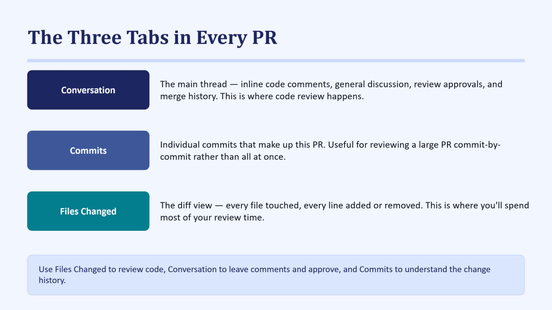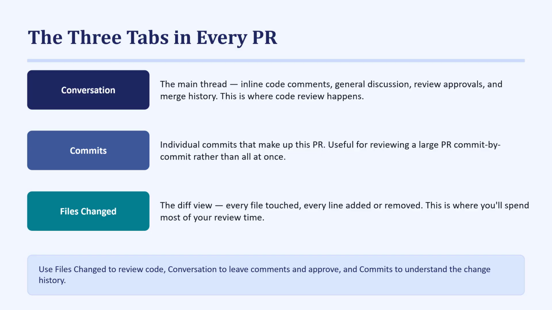Commits are the individual commits that make up this pull request. If you've been working on this feature branch for a while and you have 20-something commits, they're all going to show up under the commits tab. This is really useful when we're reviewing a really large pull request and we want to look commit by commit rather than all at once.